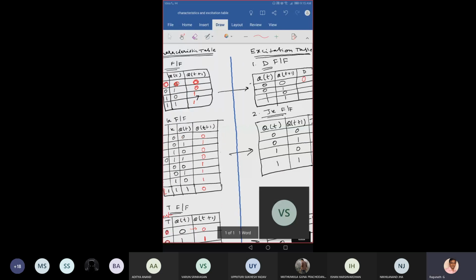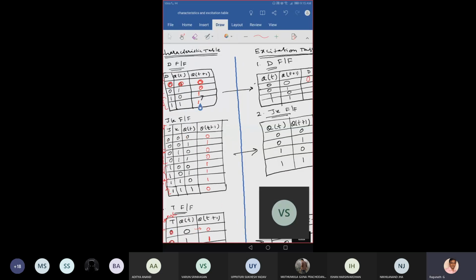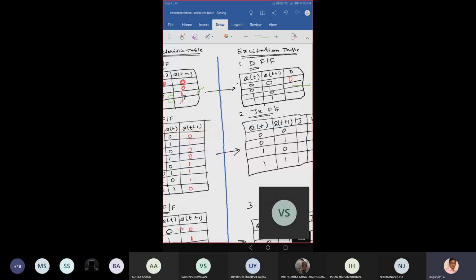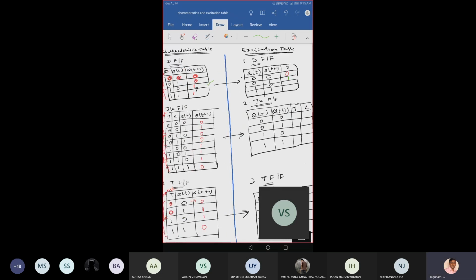Next, 0 1. Where do you have 0 1 in the characteristic table? The third combination. So what is the corresponding D value? D value is 1, and that you have to post it. Next, for 1 0, where do you get 1 0 in the characteristic table?